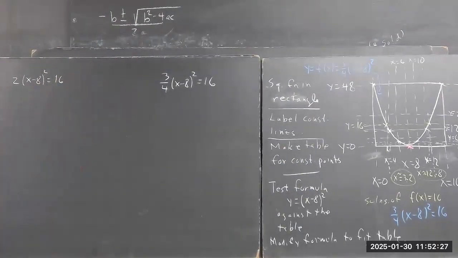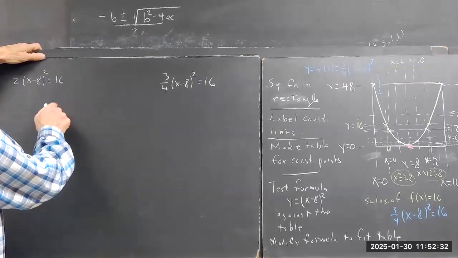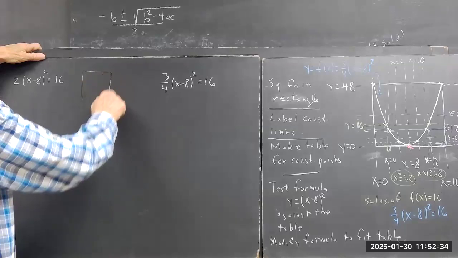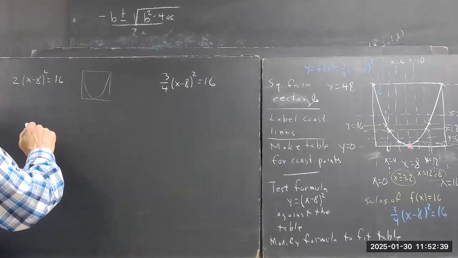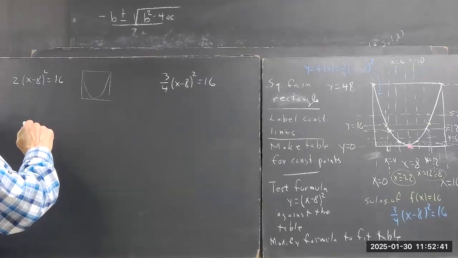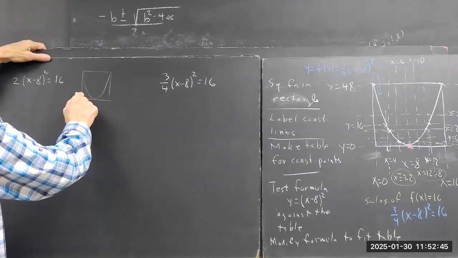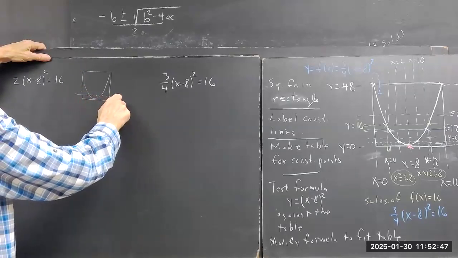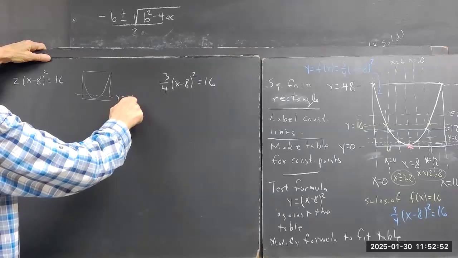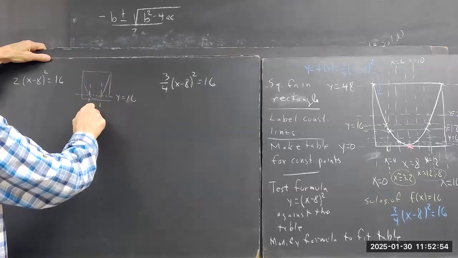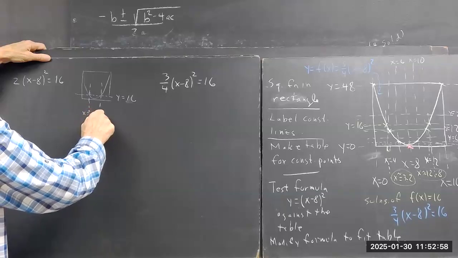But we can visualize this as an equation where you can say this is our line y equals 16. And we know we're going to get 2 x values.